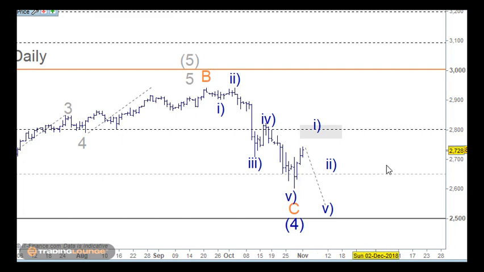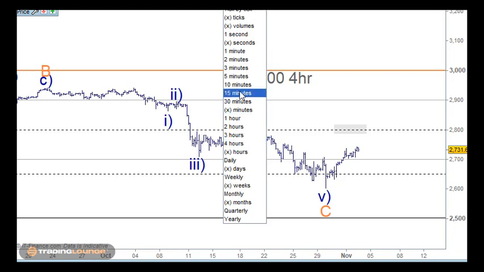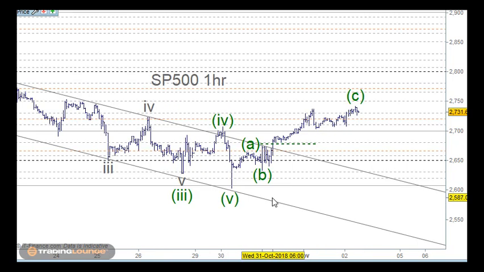There's that triangle pattern too that's possible for all this. I don't think it's the case, and it doesn't really matter, because even if it is, we'll still get the same sort of pattern to this particular point here. So let's just go in and look at this. That 4 hour is not going to be very helpful to us. Might just have to go to the tick chart.